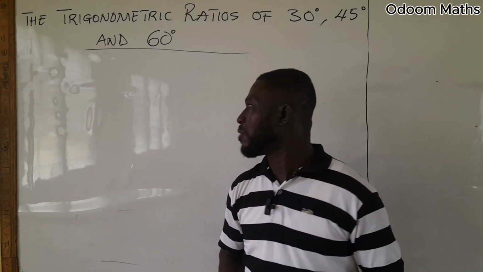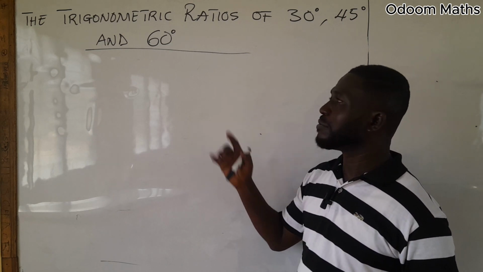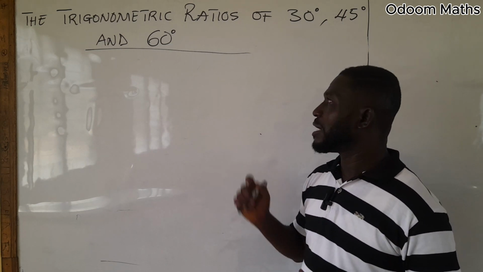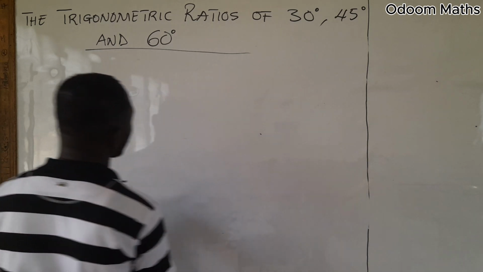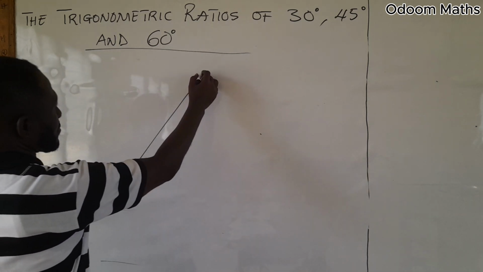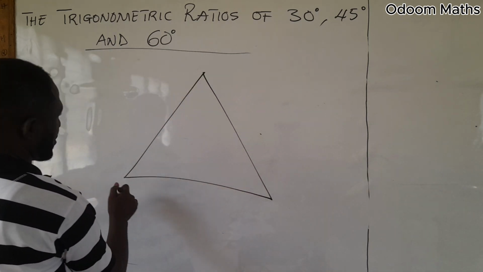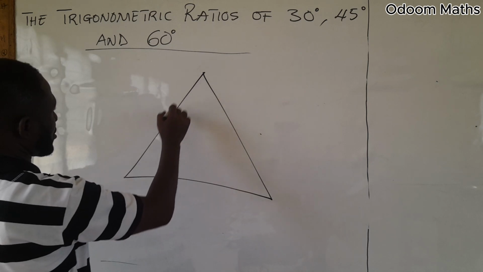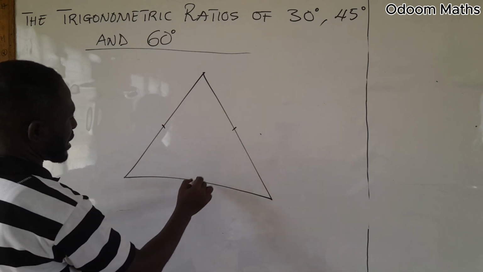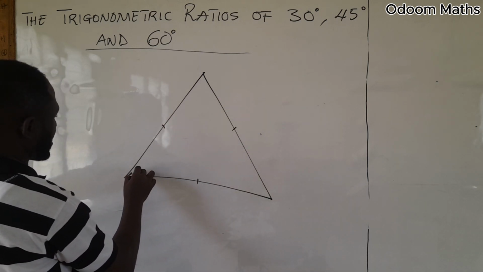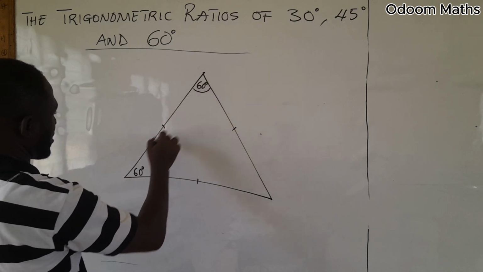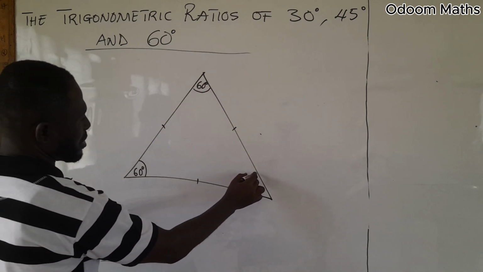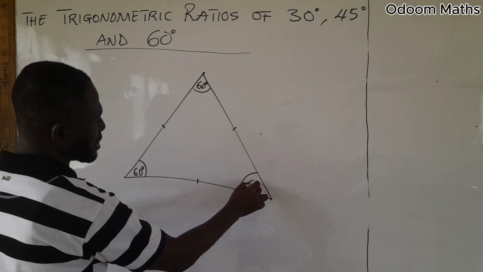Now we are going to use an equilateral triangle to look at this. So let me draw my equilateral triangle. The three sides being equal means that this is 60, this is also 60, and then this is also 60.